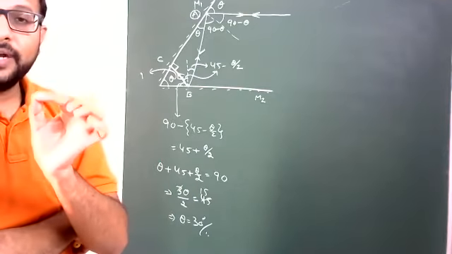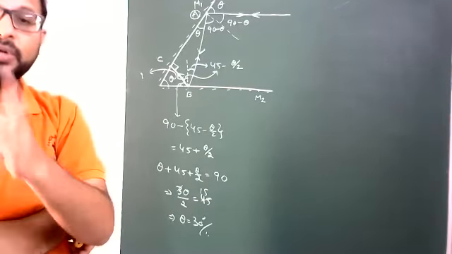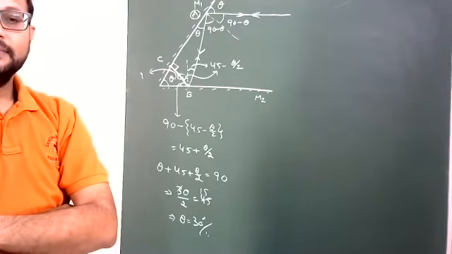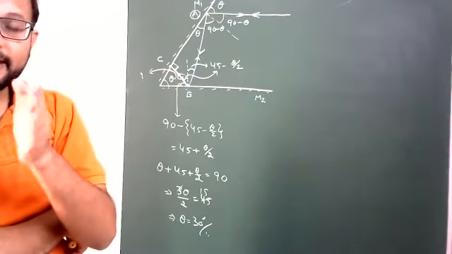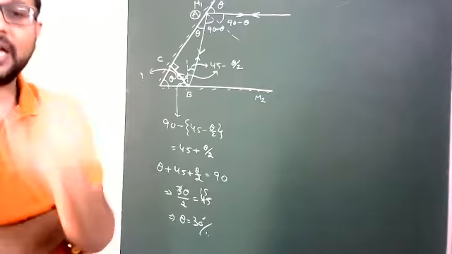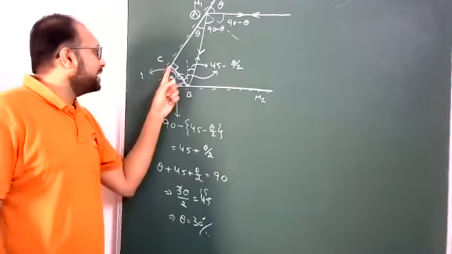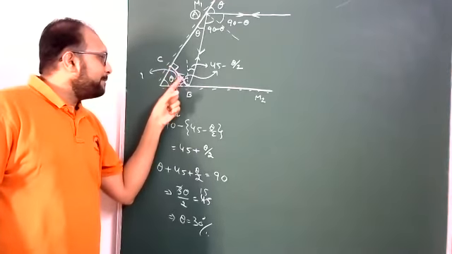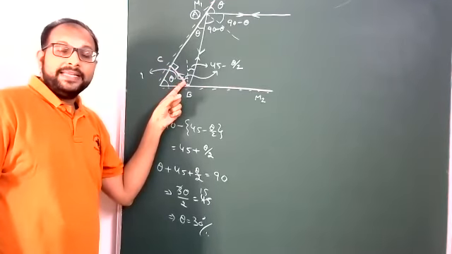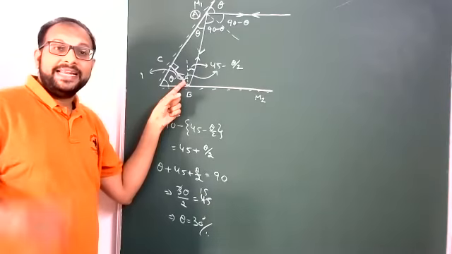Normal to M1 means the angle of incidence is 0. Angle of incidence 0 means the angle of reflection is also 0. That's why this light ray exactly comes back. That is known as retracing.